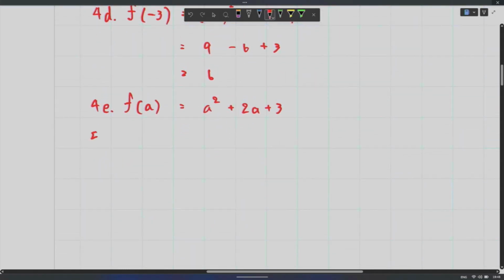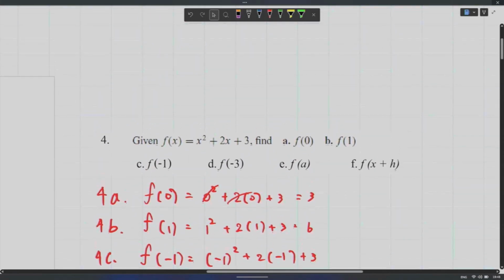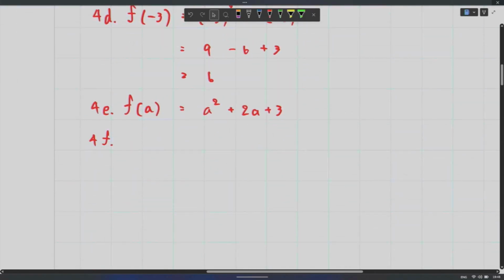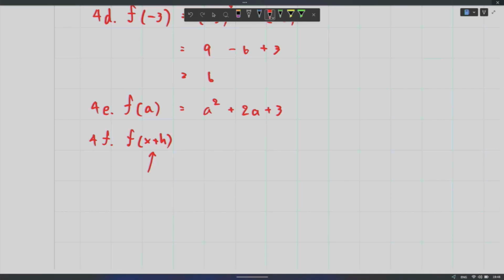And the final one is f of x plus h. The input, instead of being a single variable, is just an expression, which can be thought of as a variable.